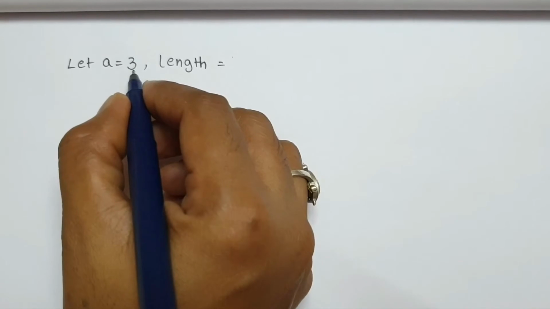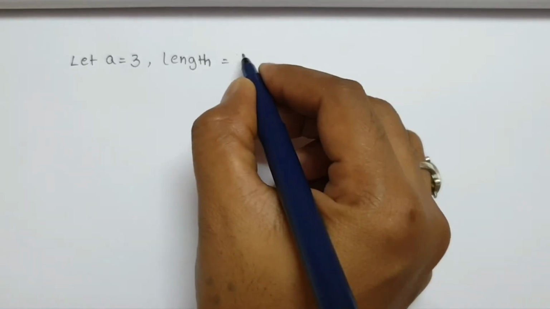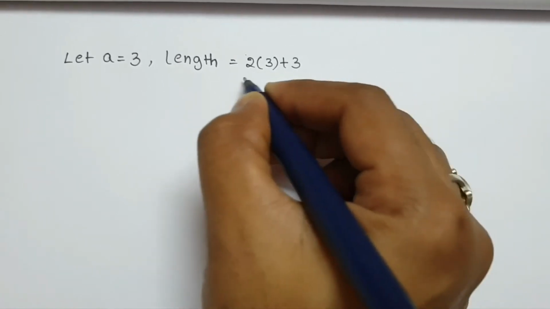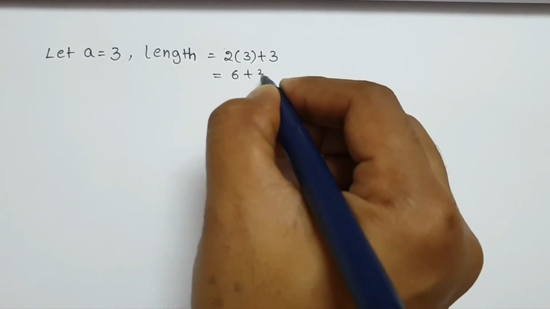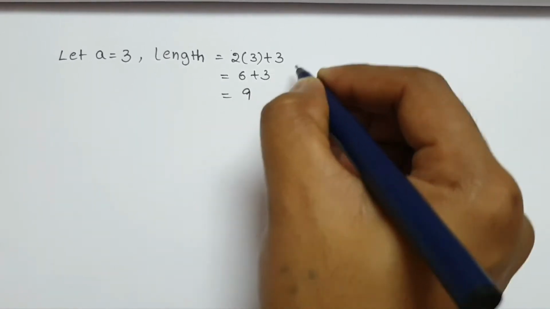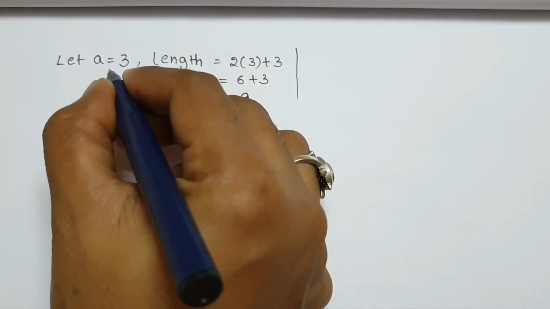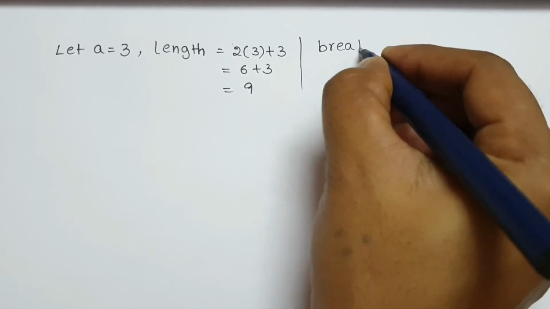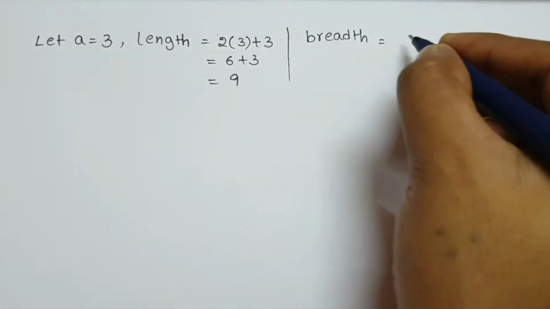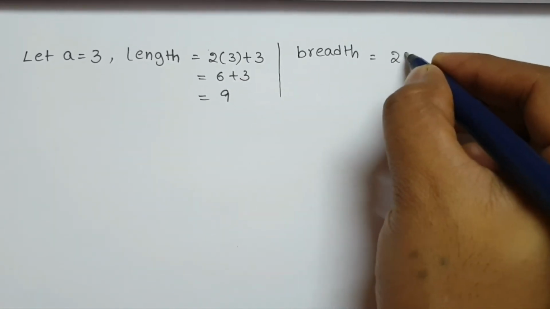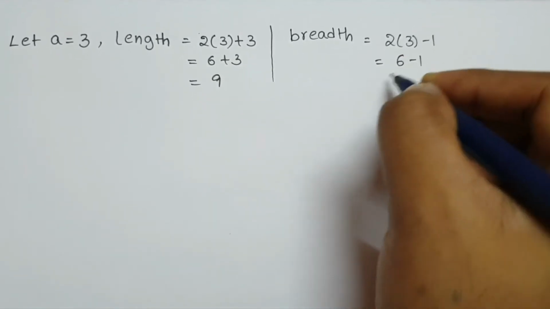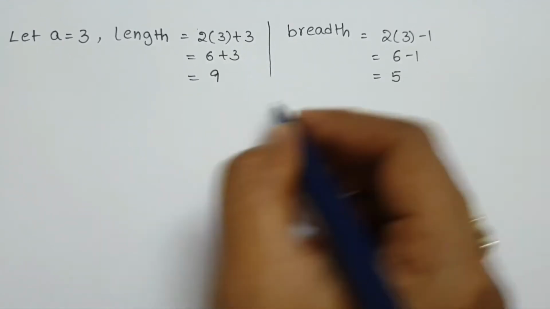Next, let a equal to 3. Length 2a plus 3 means 2 into 3 plus 3, we get 6 plus 3, 9. When a equals 3, breadth equals 2a minus 1, 2 into 3 minus 1, 2 threes are 6 minus 1 equals 5.